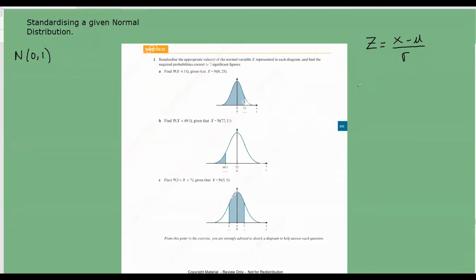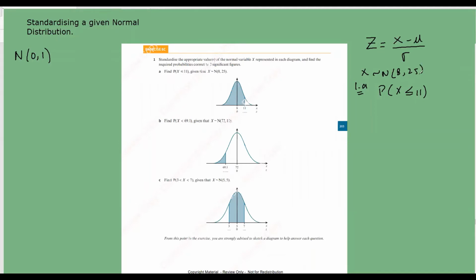Let me start with the A part. In 1A, we have to find the probability x is less than or equal to 11, and we're given that x is normally distributed with the mean 8 and the variance 25.